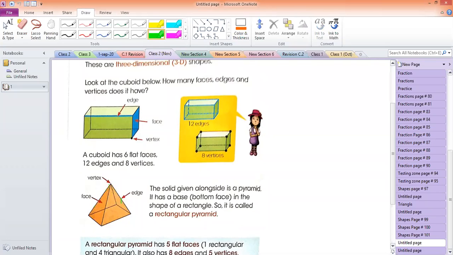And then you have a base. This is the base. This whole rectangle is the base. Okay, so this is one, a front 2, exactly opposite to that on the back side, 3, on left side 4, and on right side 5. In that way it has 5 faces. Is that clear?